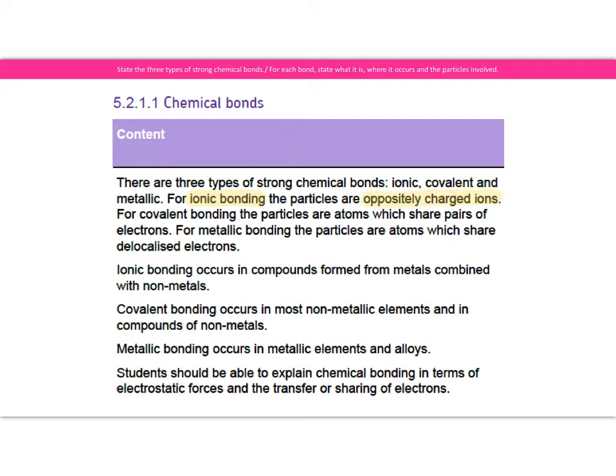We haven't yet said that in covalent bonding, we're talking about shared pairs of electrons. And the other thing we haven't said is that in metallic bonding, the particles are atoms, which is actually wrong anyway, and shared delocalized electrons. I don't really like that. Even though I'm highlighting it, I actually don't like that as a description.